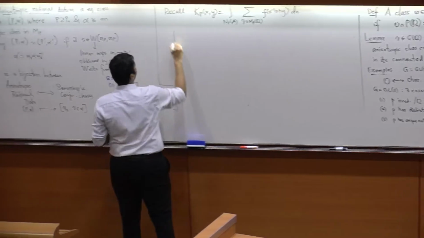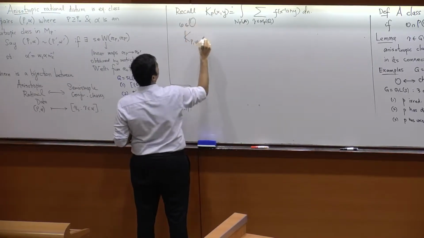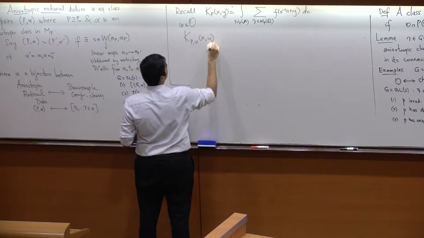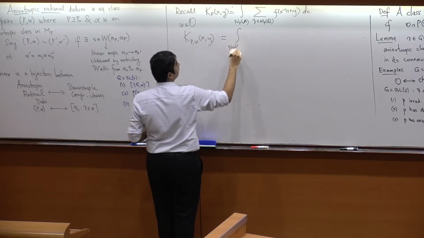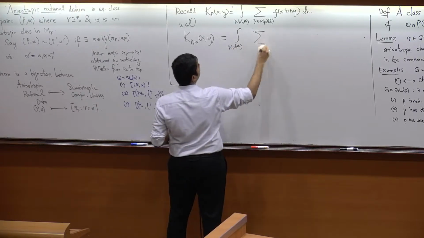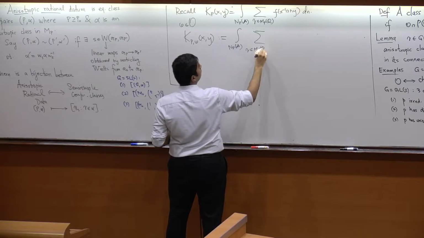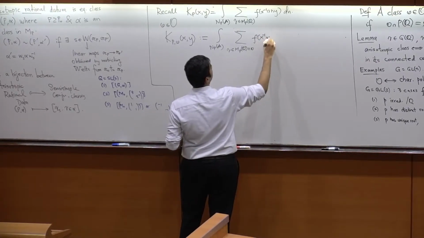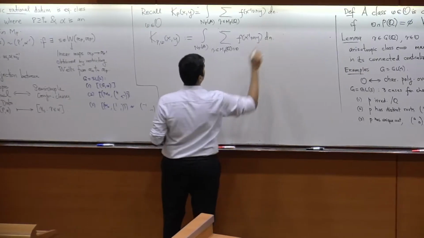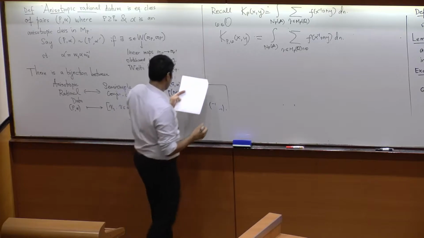And then you define KPO for O in O as the integral over NP, the same thing. And here you cut out with O, and then you define this.